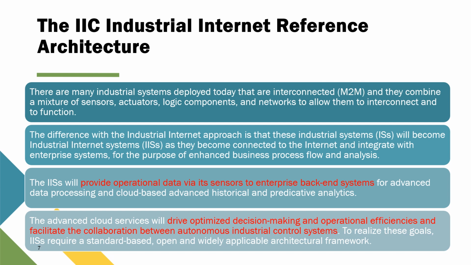The advanced cloud system will also be integrated into this system so that it will drive and optimize decision making and operational efficiency, and facilitate collaboration between autonomous industrial control systems.